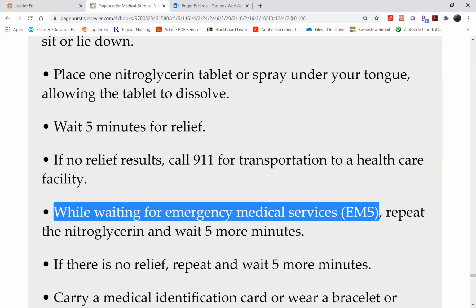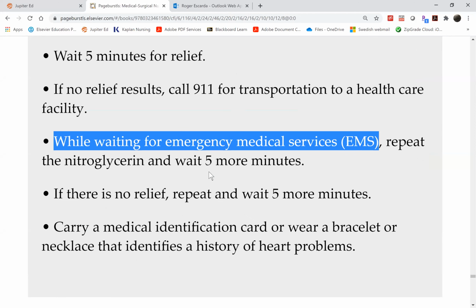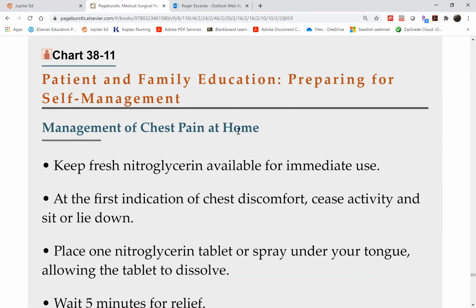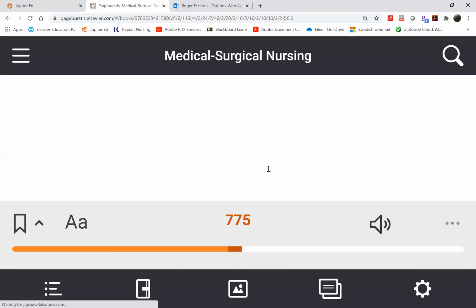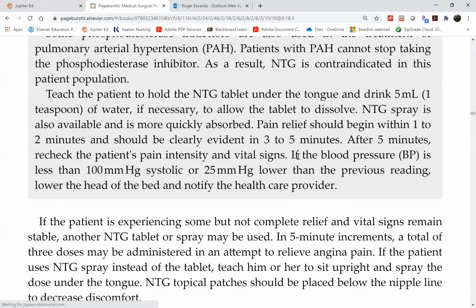No. However, you still have to complete the protocol, whether at home or in the hospital. However, once completed, do you repeat the protocol? After you completed 3, you start another sublingual nitro protocol? No. What's the use? We already know it's not angina. So remember that.